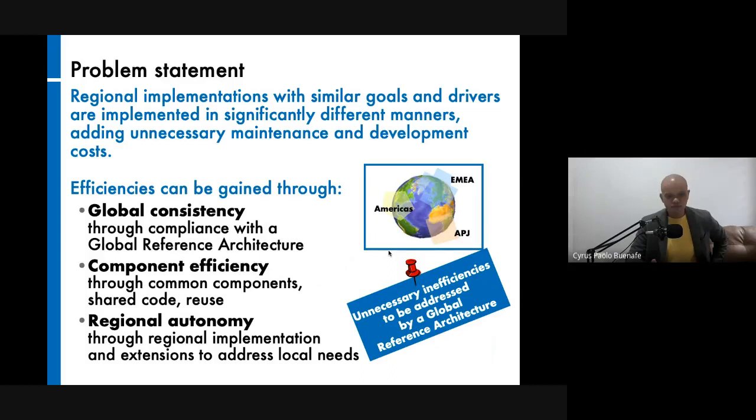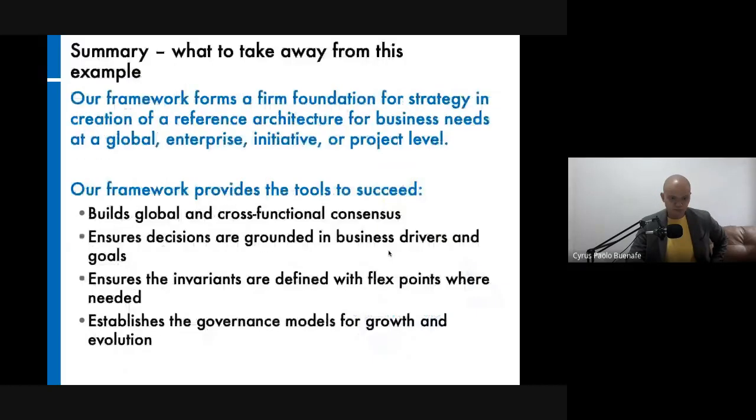You want to have something that is common in nature, and something that can be reused. So unnecessary inefficiencies due to the diversity of your implementation in each location is to be addressed by a global reference architecture.